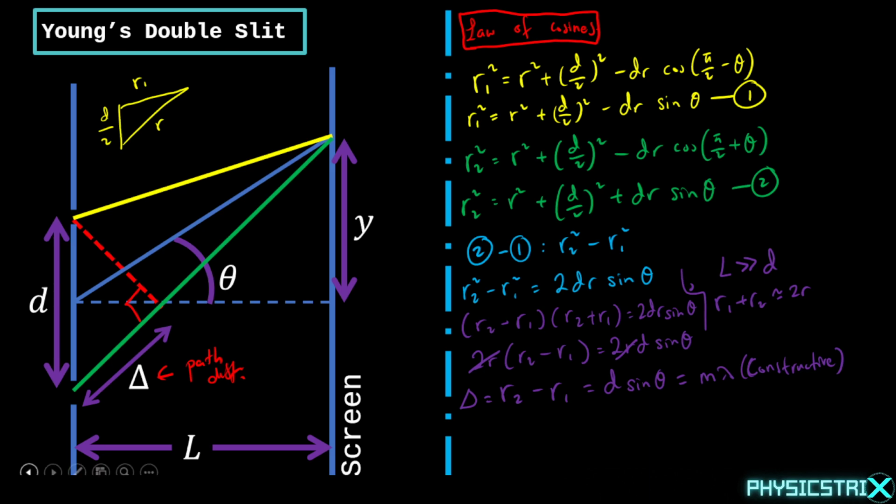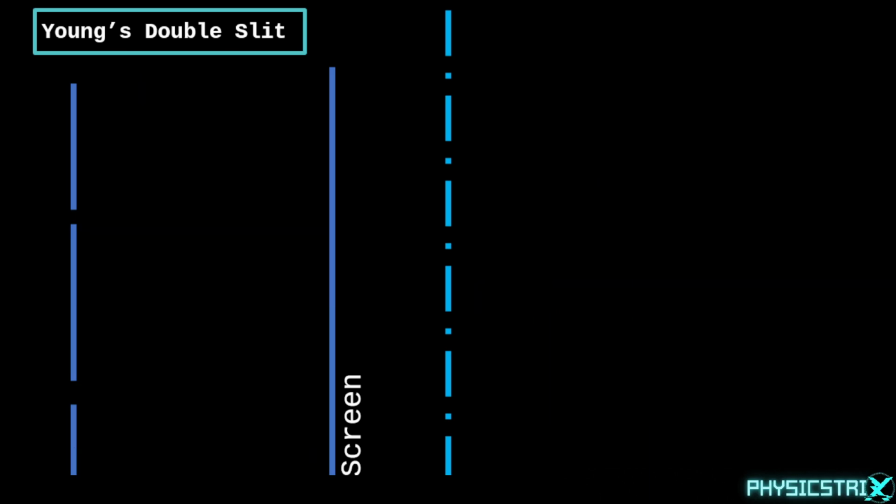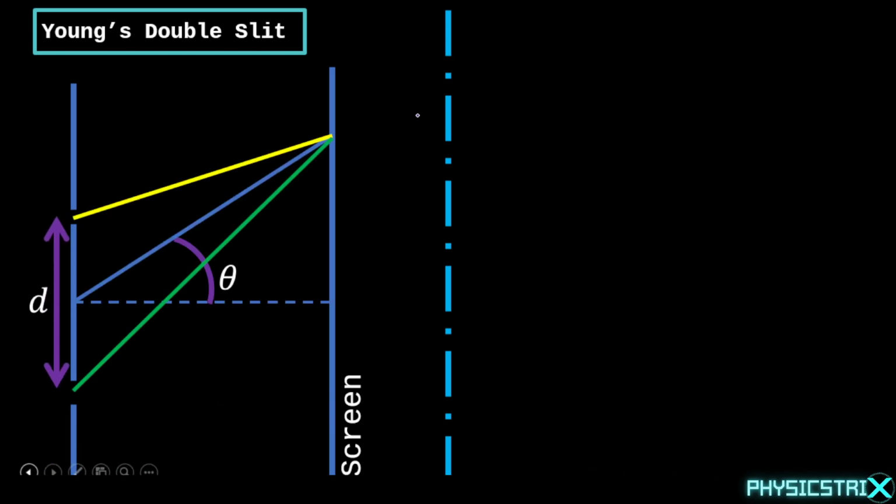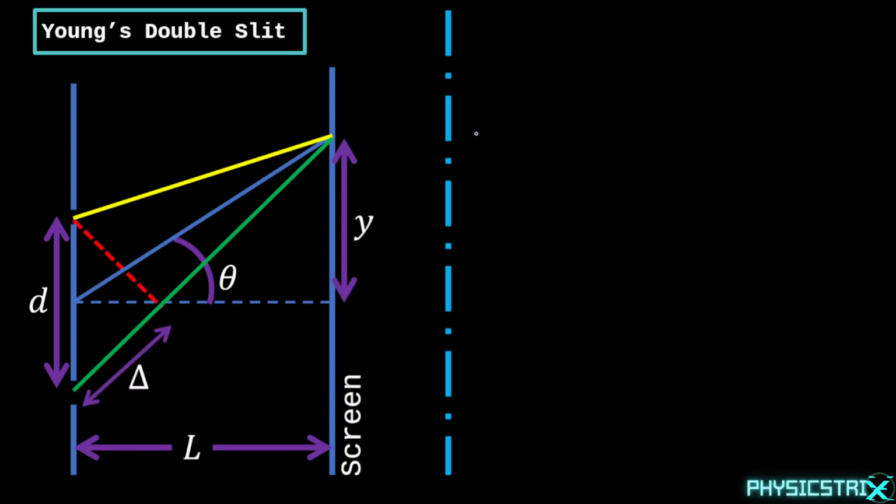All right. So now what I want to do is work out if I can relate y and L into this equation. So I'm just going to write down the last line again. So delta, I'm just going to use a different color now.